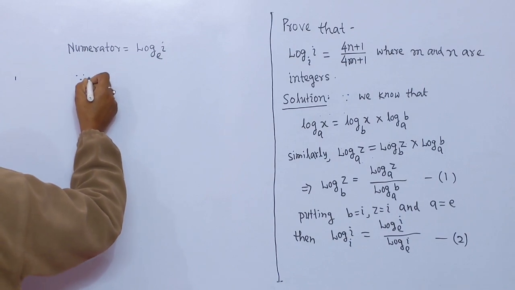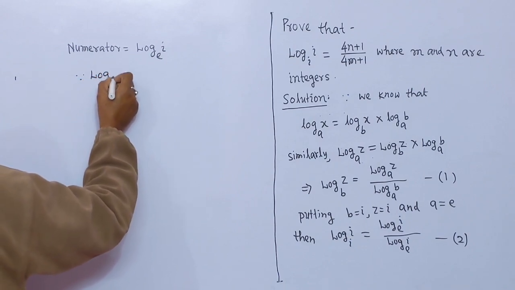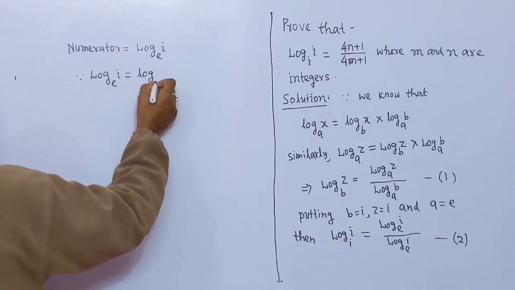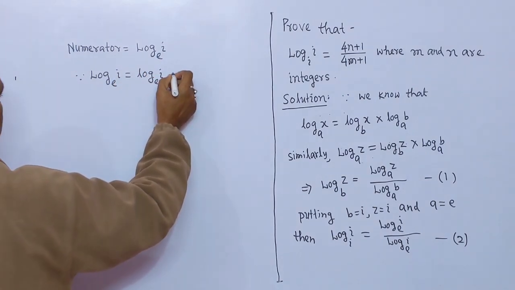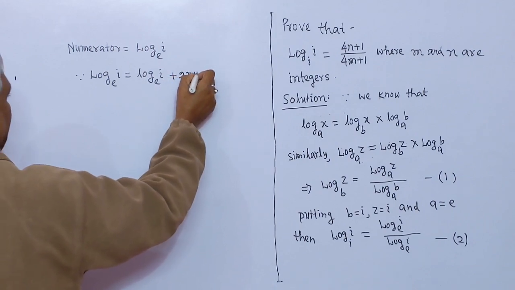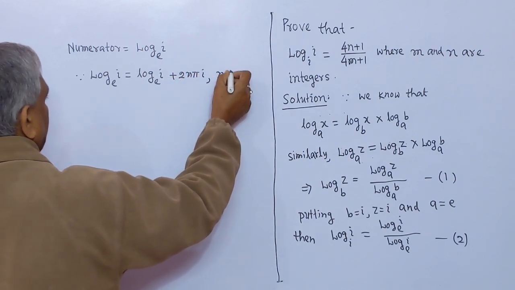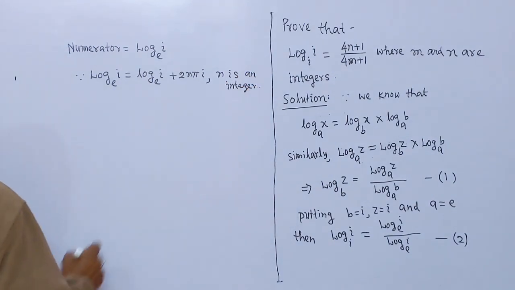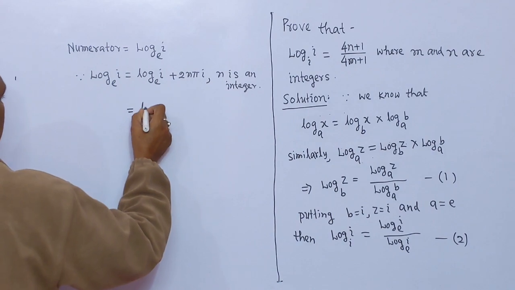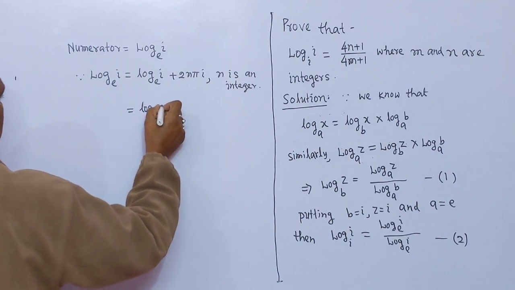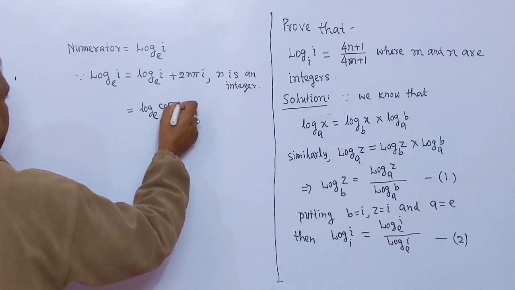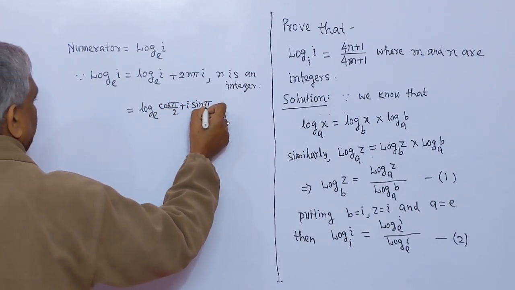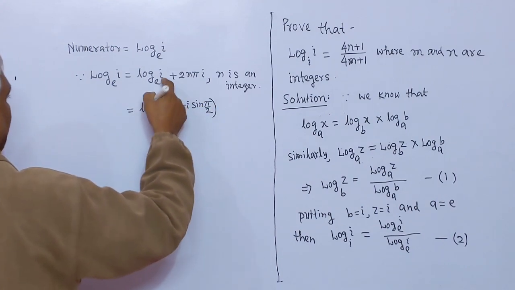Since Log base e i = small log base e i + 2nπi, n is an integer, and we may write this as log base e (cos π/2 + i sin π/2) for i.